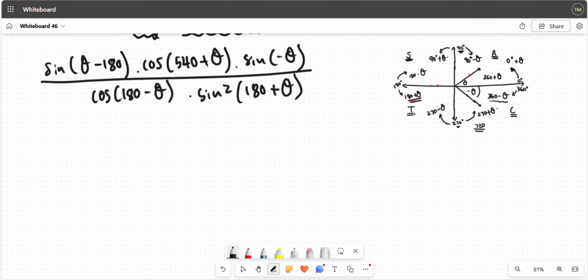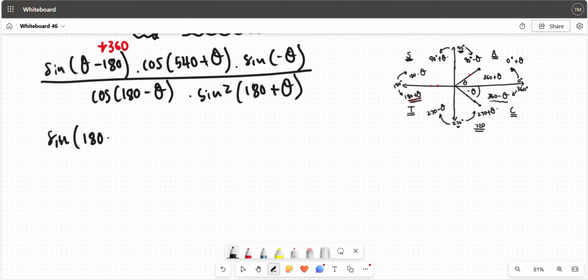Remember, we always want to see an angle, well, 180 plus or minus theta. So this is not sitting the way we want it to sit. So instead, we're going to come into this bracket and add 360. And if we add 360, we'll end up with sine, and I'll just put the 180 first, 180 plus theta.